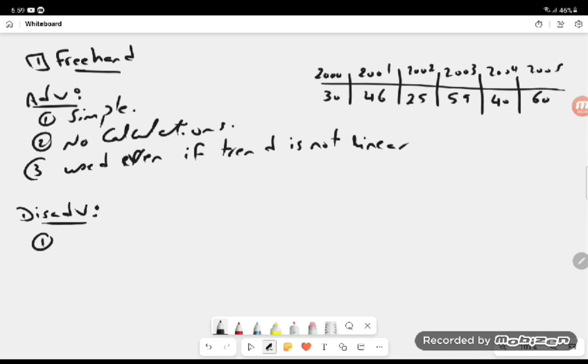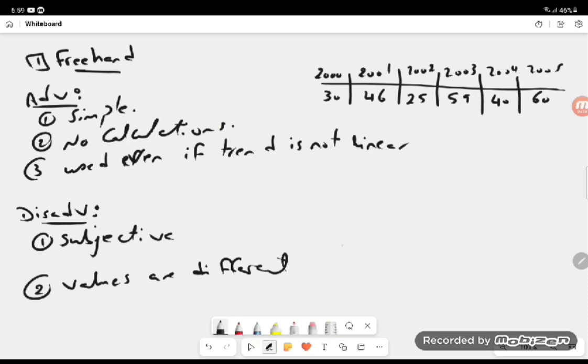Number one, it's subjective. And number two, values of trends can vary based on the one who drew them. So this is the first method, which is the simplest method.